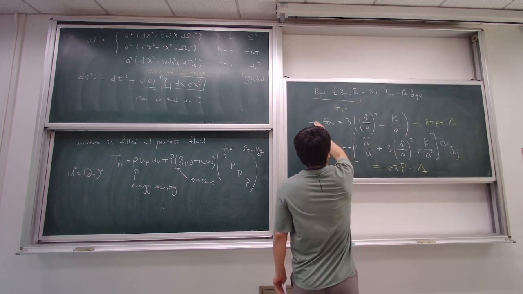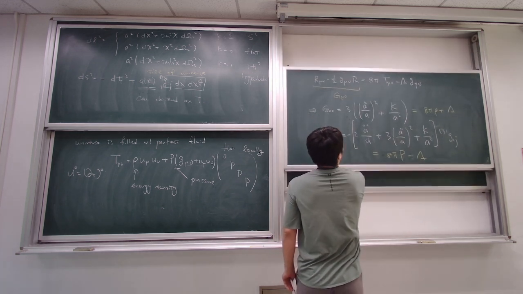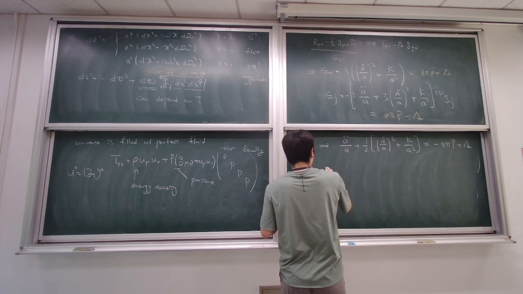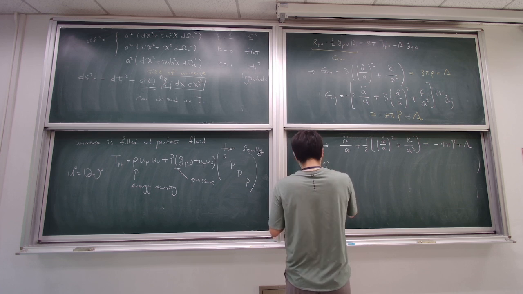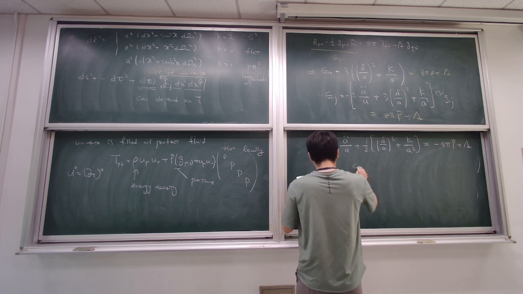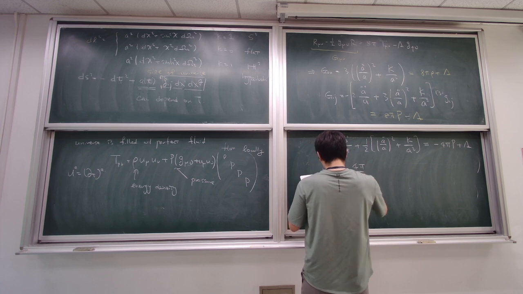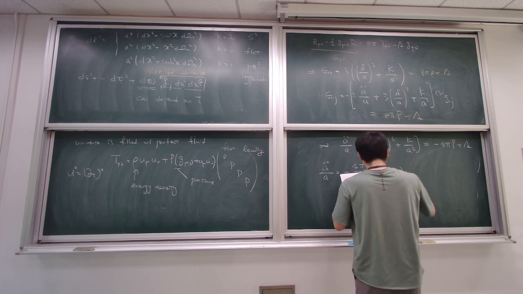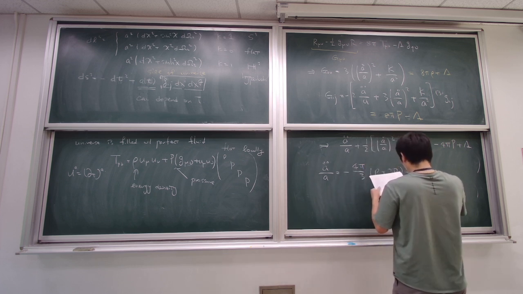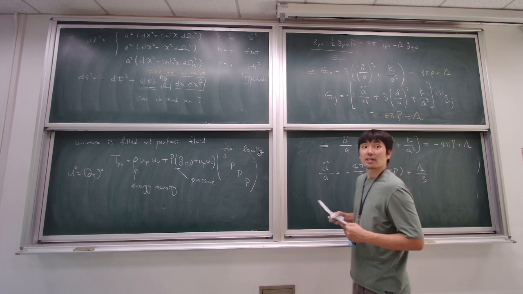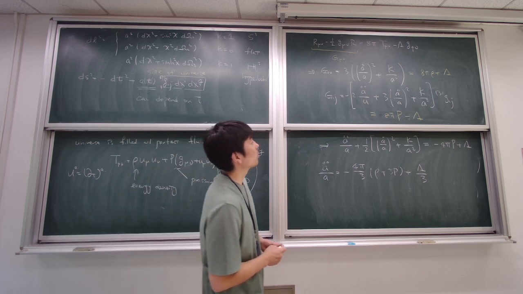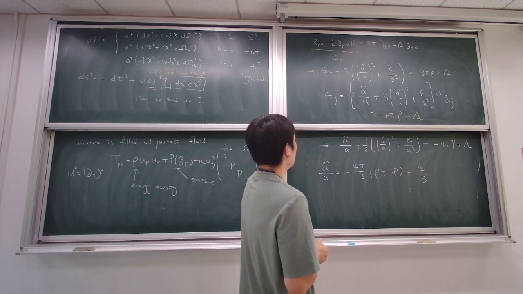With these two equations, what you get is as follows. a double dot over a is equal to minus 4 pi over 3 times rho plus 3p, plus lambda divided by 3. Okay, that's the equation you obtain. That should be okay, right?